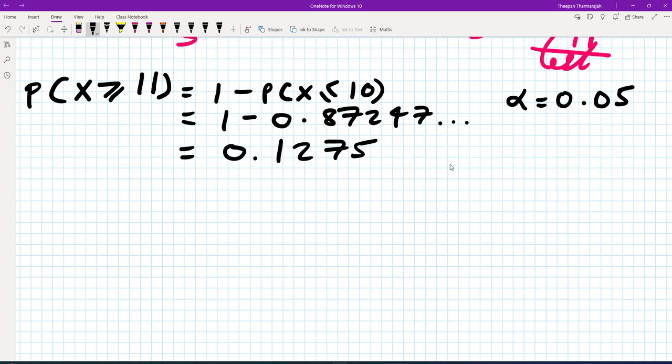Now here's the important part. We want to compare this probability, or what's known as a p-value, to the significance level. Whenever your p-value is less than your significance level, then you would reject the null hypothesis. If your p-value is greater than your significance level, you would not reject.